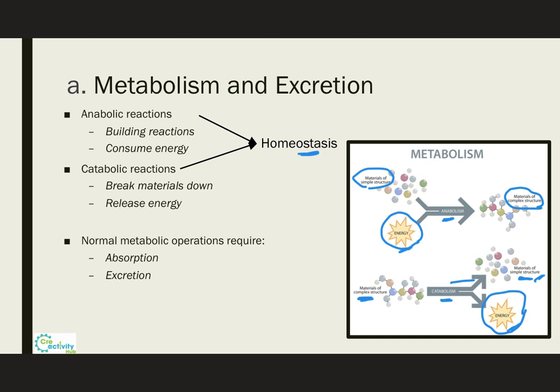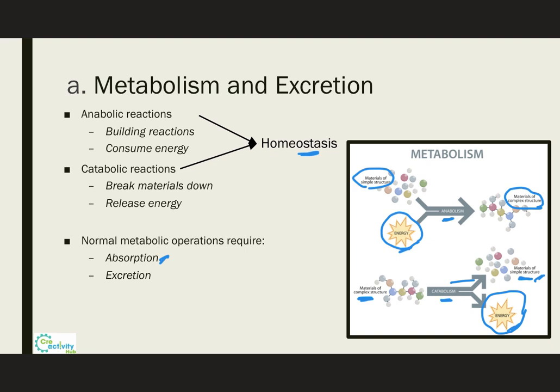Now, normal metabolic operations require the absorption, or the taking in, of materials from the environment. This means that for our body to generate energy efficiently, cells require various nutrients as well as oxygen. The term respiration refers to cells' absorption, transport, and use of oxygen.